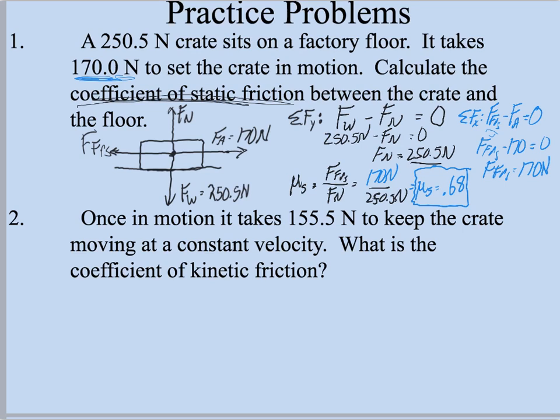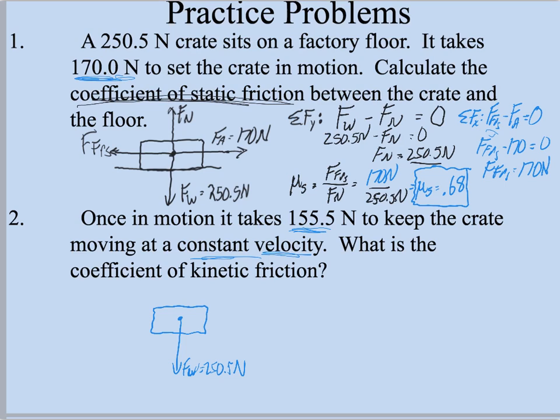Once in motion, it takes 155.5 newtons to keep the crate moving at constant velocity. So let's draw another quick free body diagram. We know that, again, our weight is 250.5. That hasn't changed.